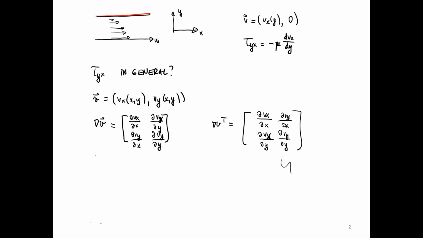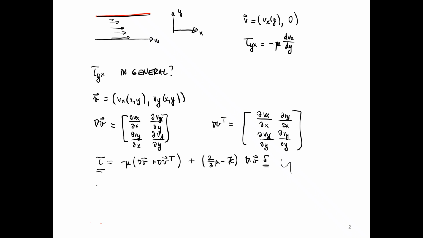So my general tensor tau says that I'm minus mu gradient v plus gradient v transpose, plus some constant minus kappa, divergence of velocity, and delta.